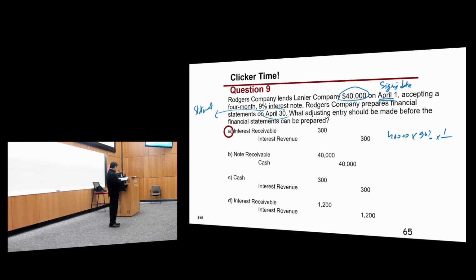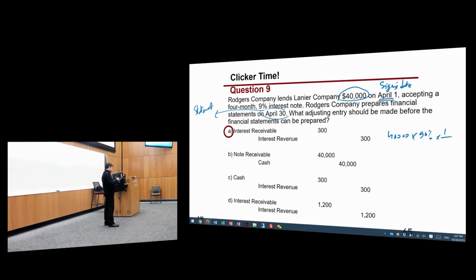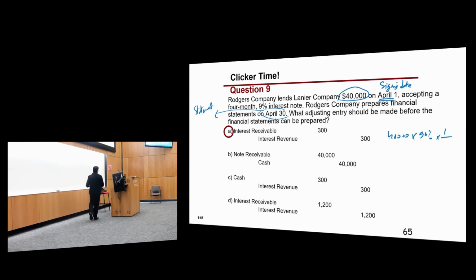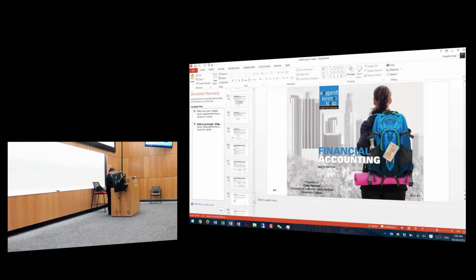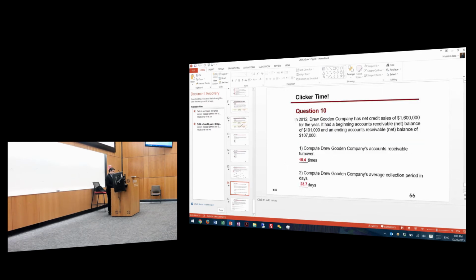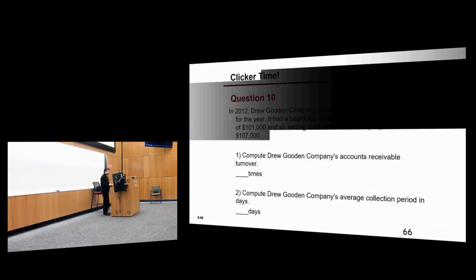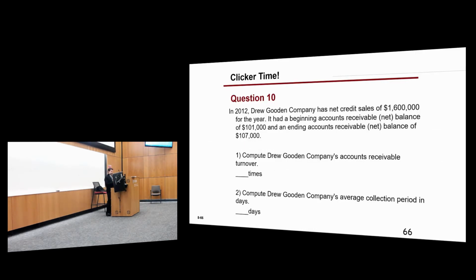For some reason, it's not allowing me to write. Anyways, moving on. So it seems that we lost those ones. Doesn't matter. That's okay. So for question 10, just take a quick look at it and let's see how we calculate it.